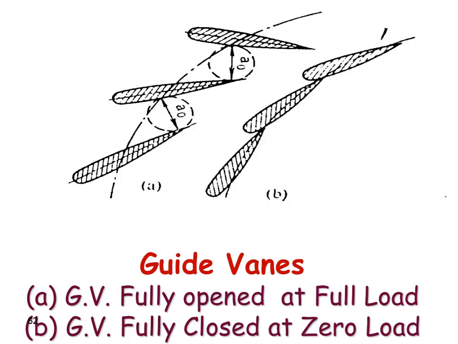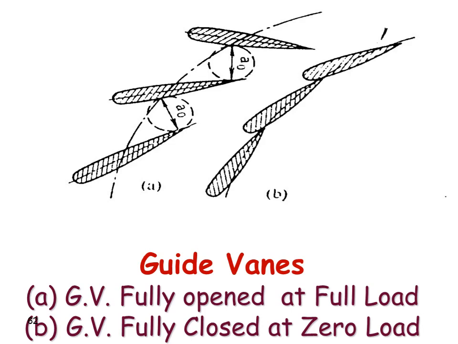Here, as we see, the same thing, a sketch of 3 neighbor guide vanes. Figure A represents fully open guide vanes. This means full flow, which is required at full load.